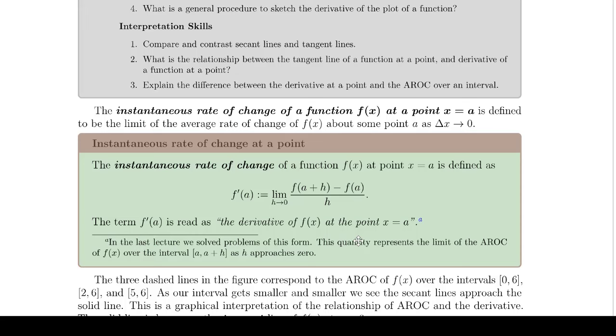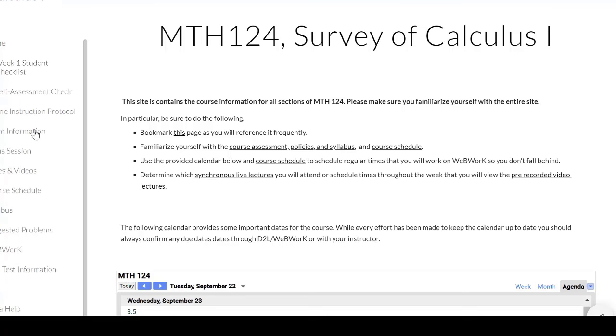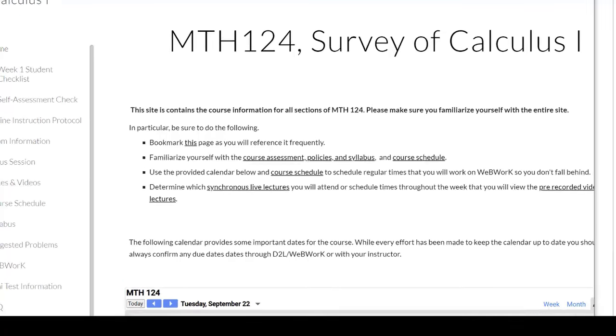Let's go to the course website, and I want to introduce an applet there that might be helpful. If you head to the course website and scroll down on the left-hand side to the very bottom, you'll see practice material.